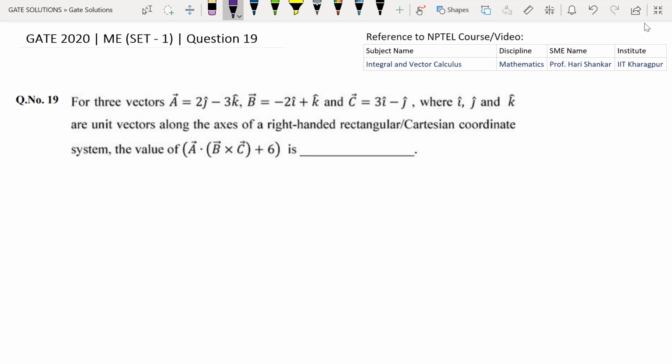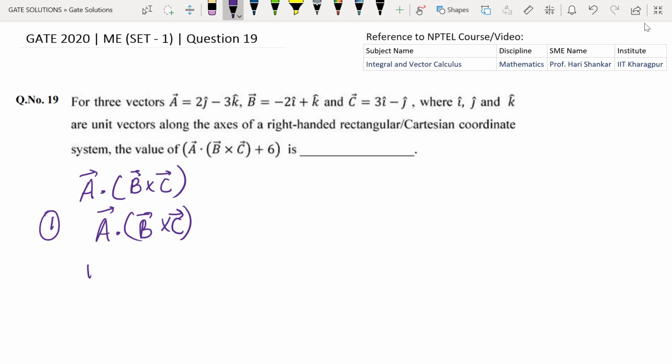To solve this question, one can refer to the NPTEL course video lecture, which is mentioned at the top right corner. So we have to find first A vector dot B vector cross C vector. To find this, we have two ways. The first one is to find B vector cross C vector first and then do the dot product with A vector.